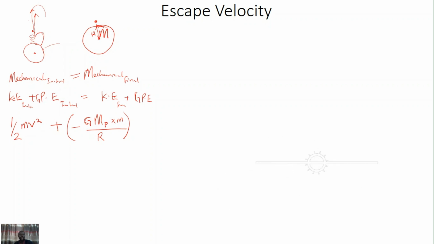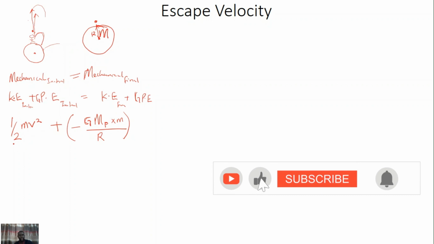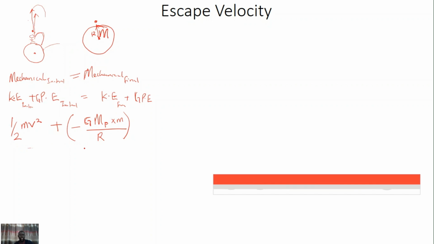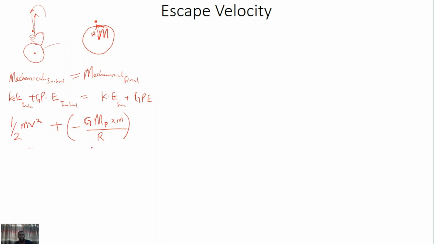Okay, now let's continue with this. We have written the initial kinetic energy and the initial potential energy of the body, which is the gravitational potential energy. This must be equal to the final kinetic energy.